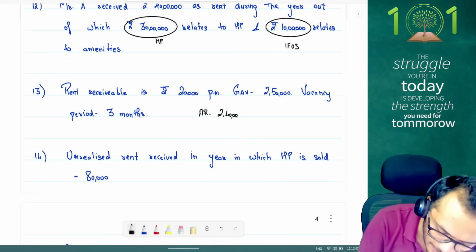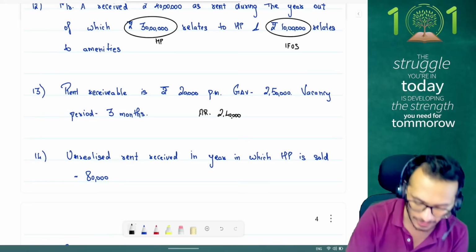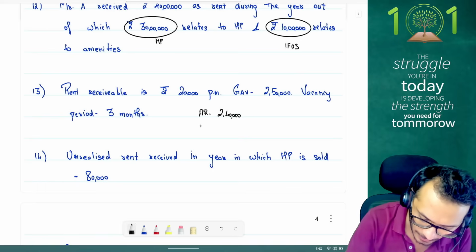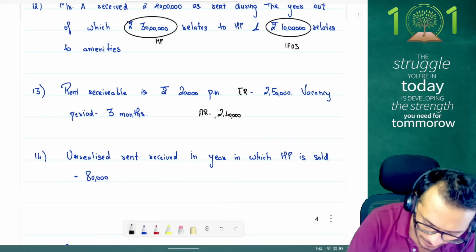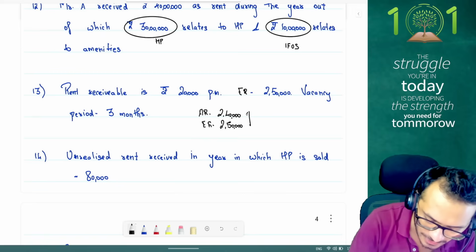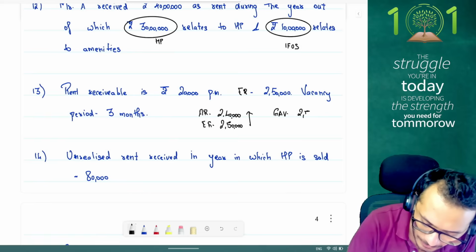Had I not had any vacancy, my actual rent would have come to 2,40,000. Whereas my, sorry, not GAV, this is expected rent. My expected rent is 2,50,000, whichever is higher, which means my GAV has come to 2,50,000.